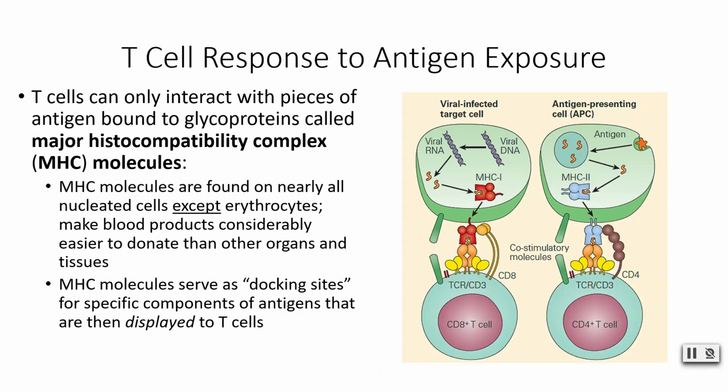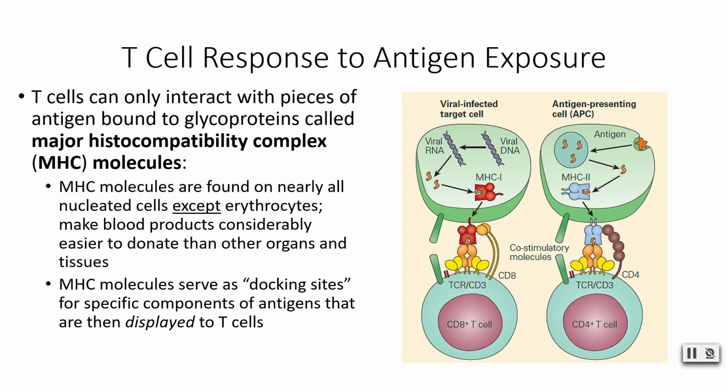Now, T cells can only interact with antigens that are bound to major histocompatibility complex molecules, which is hard to say, so we say MHC instead. These MHC molecules are found on basically every cell except erythrocytes, because MHCs are found on nucleated cells, and mature erythrocytes have no nuclei.